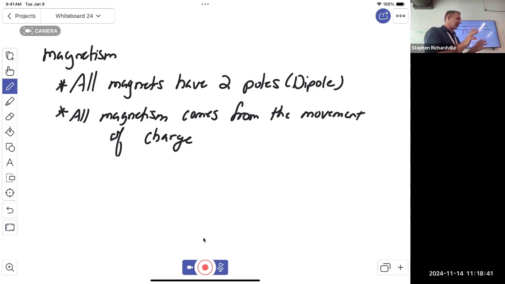We can also use magnetism to create electricity. So all of our electricity in the room comes from the Stanton plant, which is coal or natural gas, like they're converting it. But what it is is a turbine being turned by steam. Even nuclear plants are the same. A turbine is turning steam, or steam is turning a turbine.